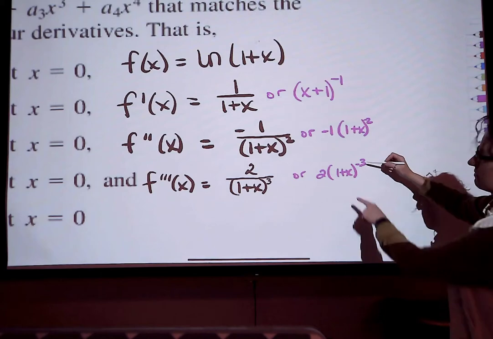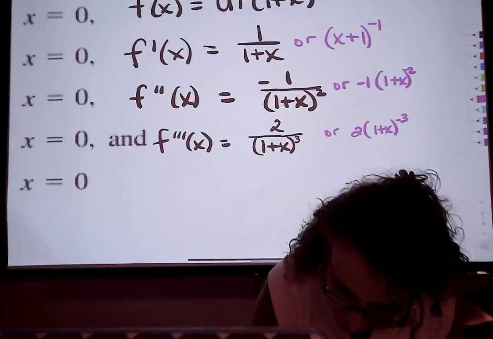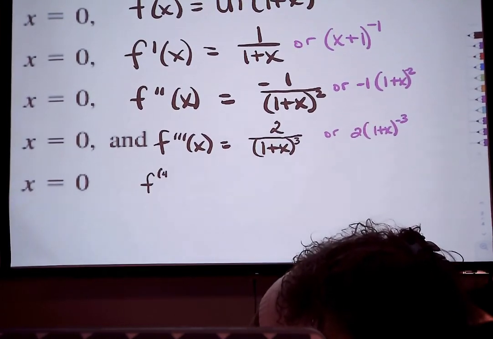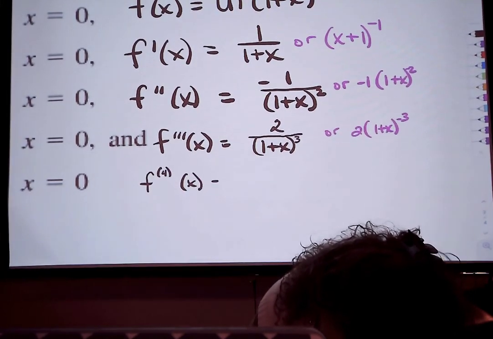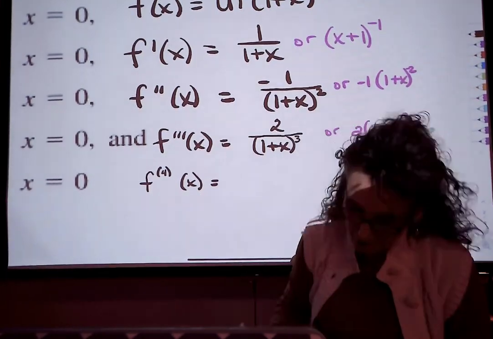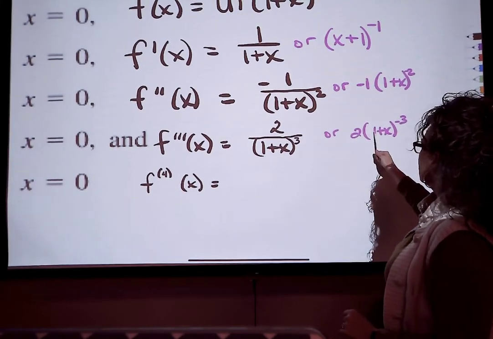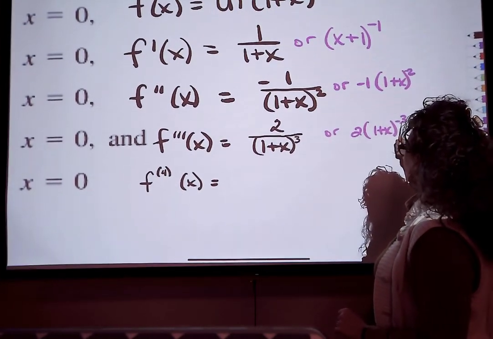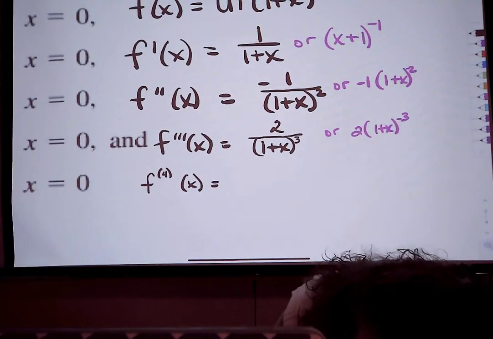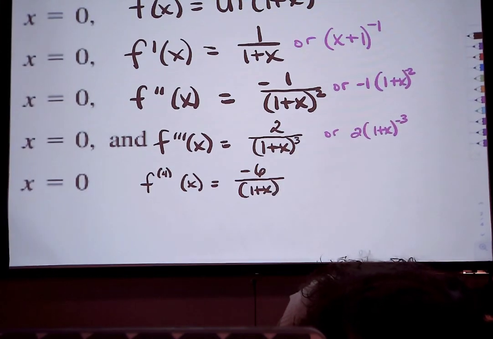Okay, quick rewrite so that you don't mess up your fourth derivative. That's what your fourth derivative notation is supposed to look like. Okay, so I go negative 6, negative 4 times the derivative of the messy, which is just 1. So negative 6 over 1 plus x to the fourth.